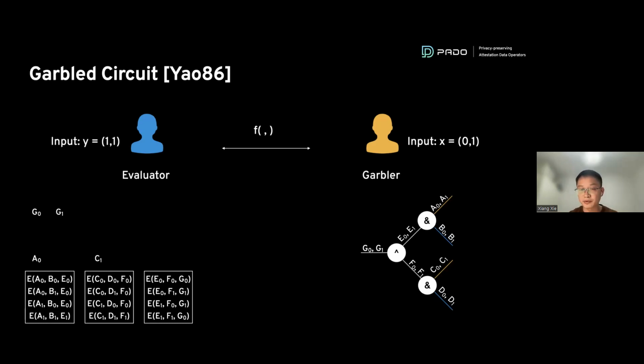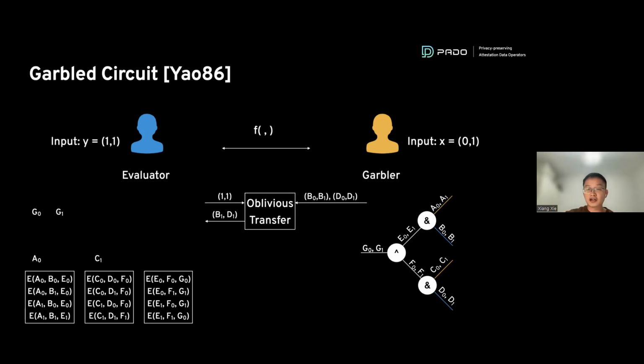This is secure because A0 and C1 are just random labels, and the evaluator does not know any connection with the input. The garbler also sends the output labels of the circuit, G0 and G1, and tells the evaluator that G0 represents 0 and G1 represents 1.